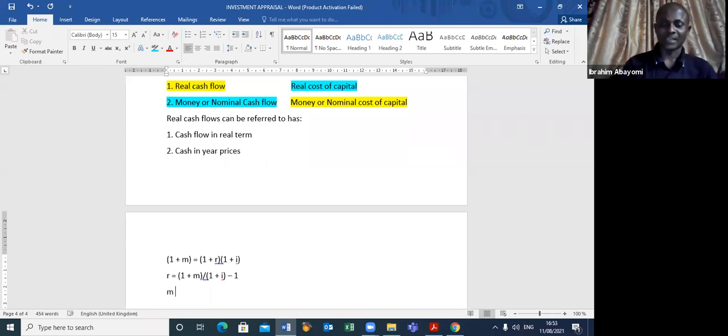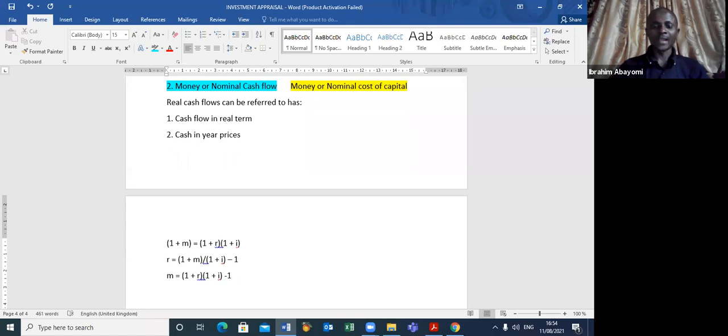Also make money cost of capital the subject of the formula. Money cost of capital will simply be equal to (1 plus R) into bracket (1 plus I), everything minus 1. This is how you get your money cost of capital. So this is what we call Fisher's equation.